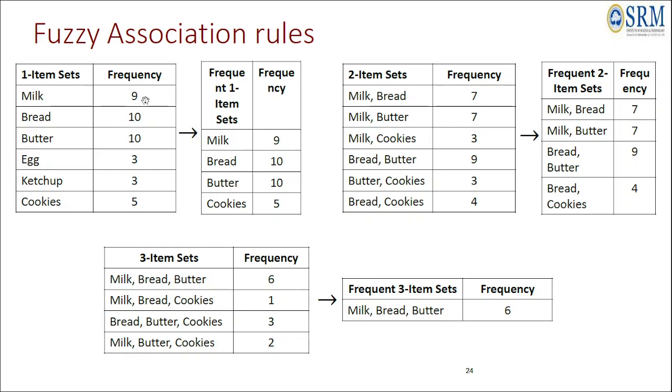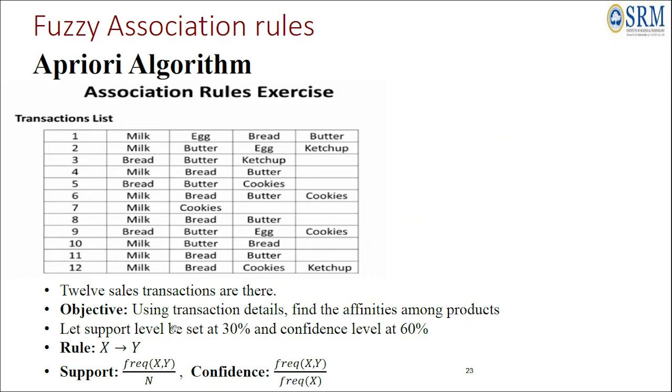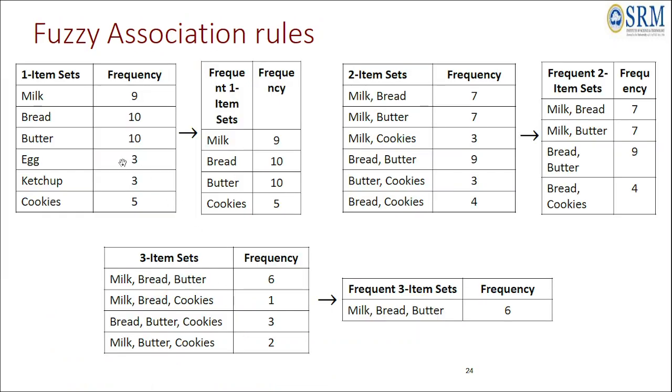Then egg is how much? 3 by 12, which is one fourth, means 0.25. That is 25%, and 25% is less than 30%. That's why we are choosing neither egg nor ketchup.